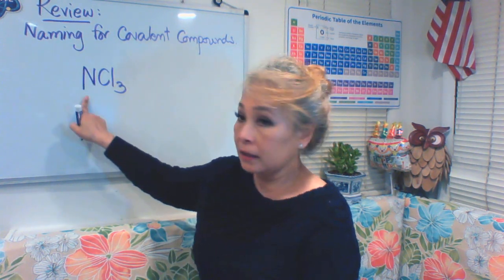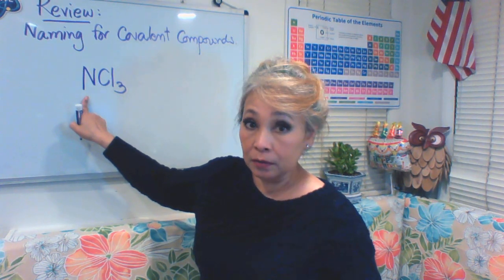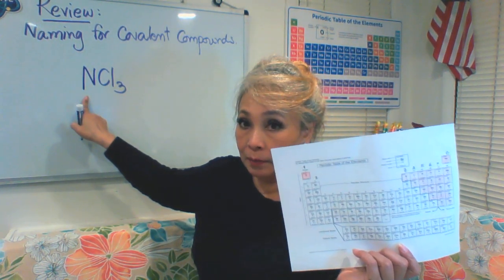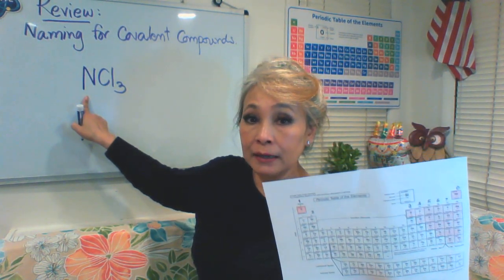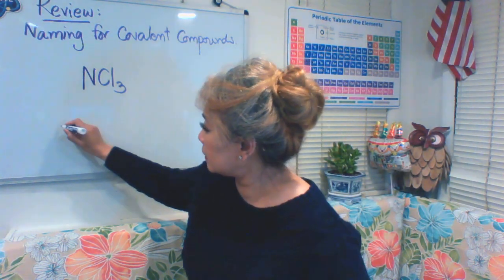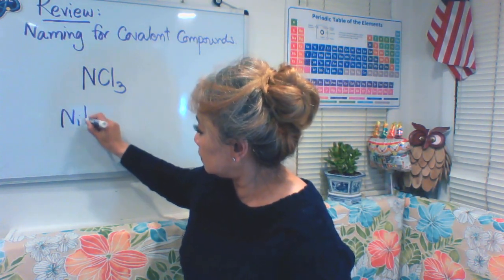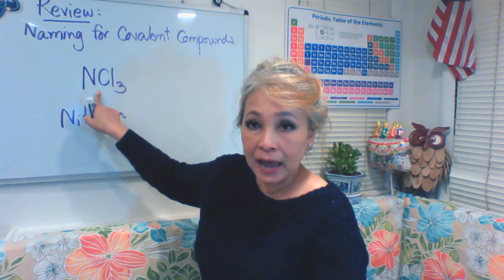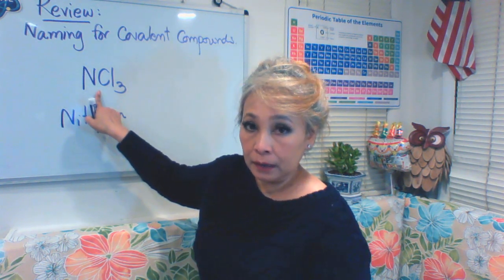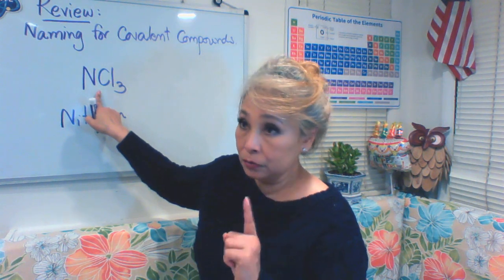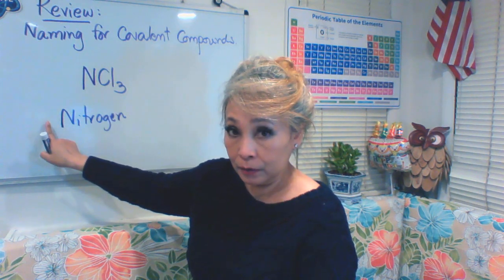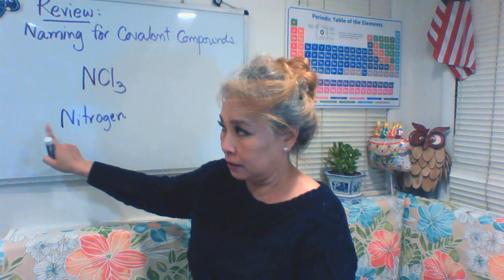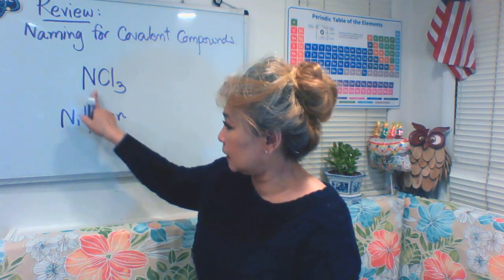NCl3. The first element, name following the periodic table name. What is the N? N is nitrogen. Write down. How many atoms of nitrogen? Only one. Do you put the mono prefix in front? No. Nitrogen.